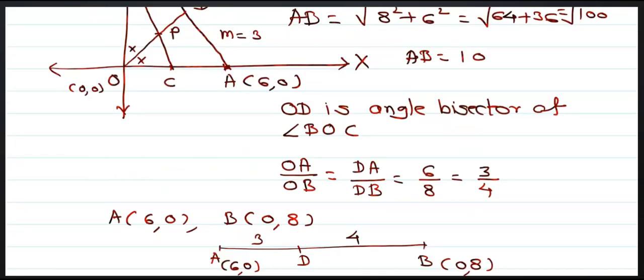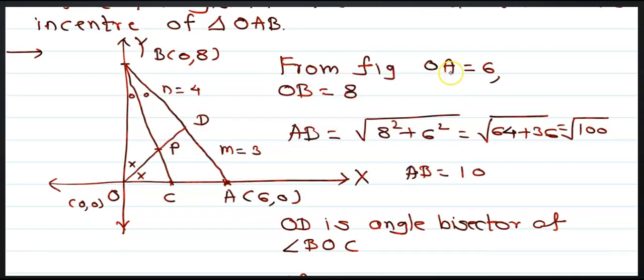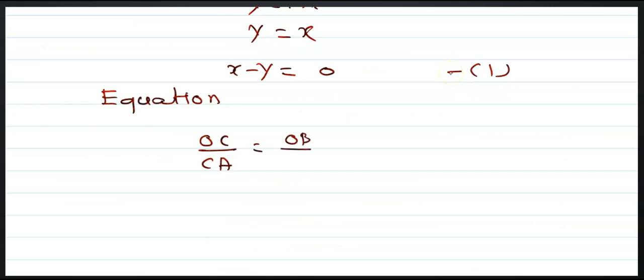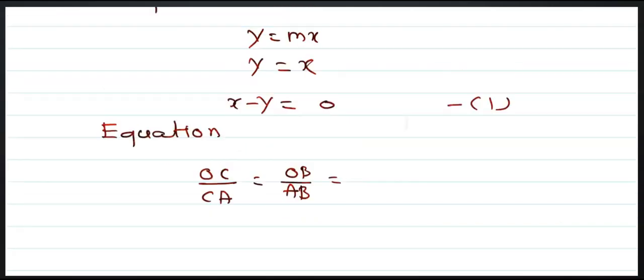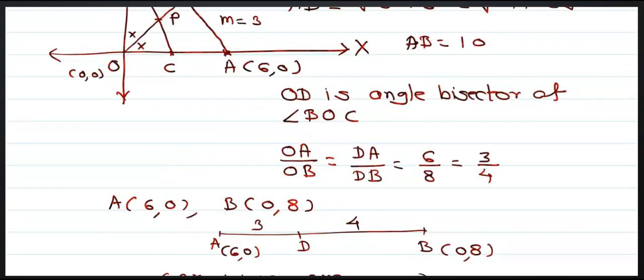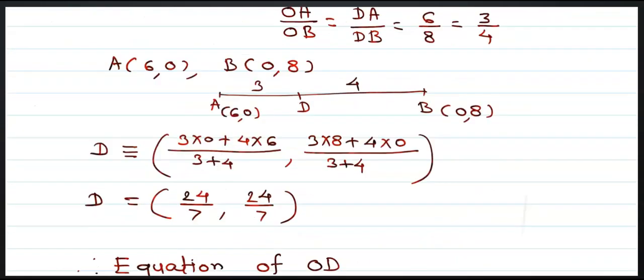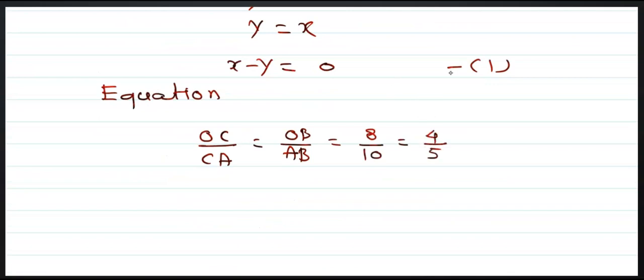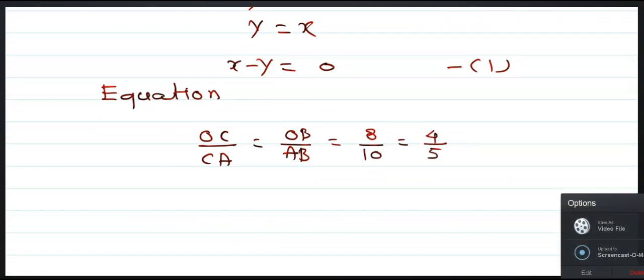Equation of OC. Again, OC upon CA is equal to OB upon AB, that is equal to 8 upon 10. That is equal to 4 upon 5.